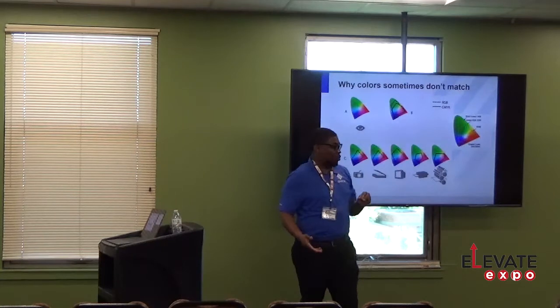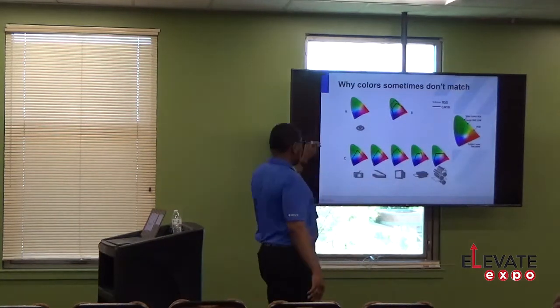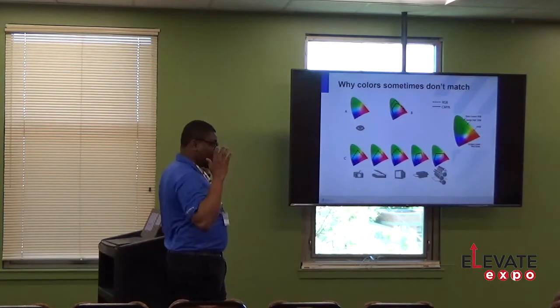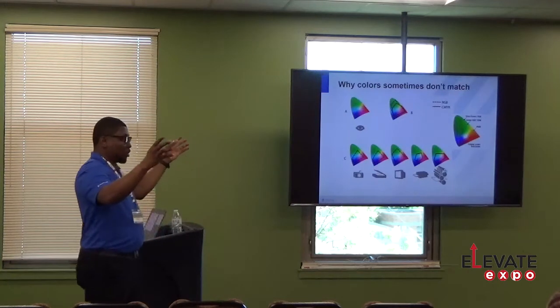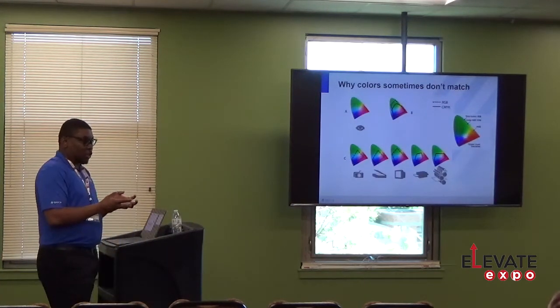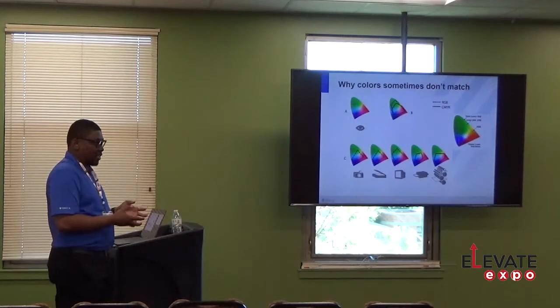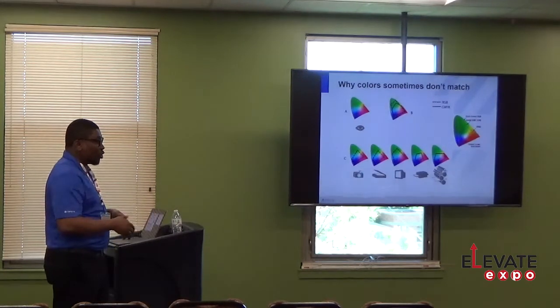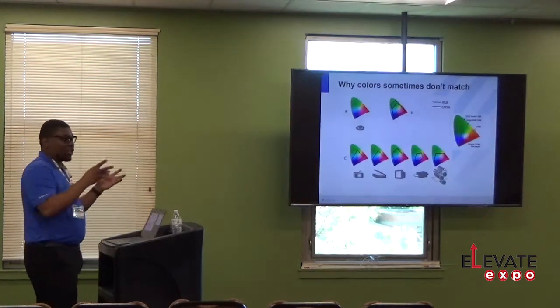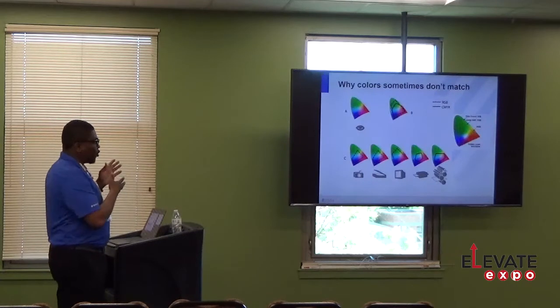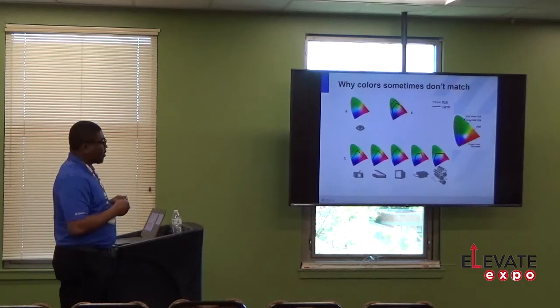When you see the file on screen and tell your printer to print, you're saying pull it into this space that my printer understands, and then reproduce that color. So you're already shrinking that gamut down when you go from RGB to CMYK.